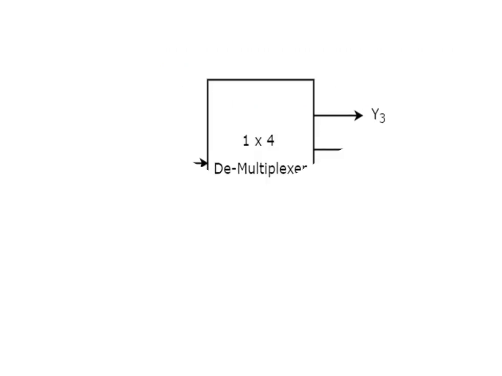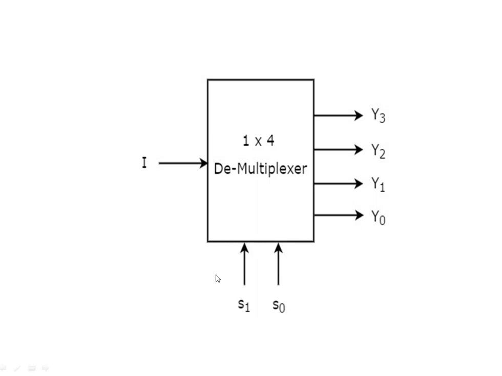This is a 1 to 4 demultiplexer, so it has one input and the selection points are only 2. When you select 00, 01, 10, 11, we get four selected outputs. That's why we gave 2 select inputs. If you use 3 select lines, the number of outputs will increase, S0, S1, S2, and so on. According to the number of selection points, your outputs will increase.